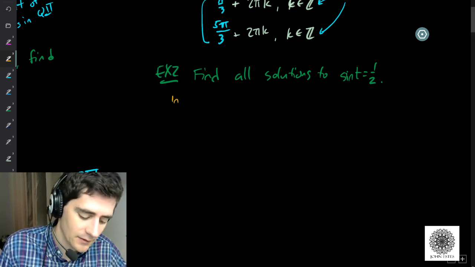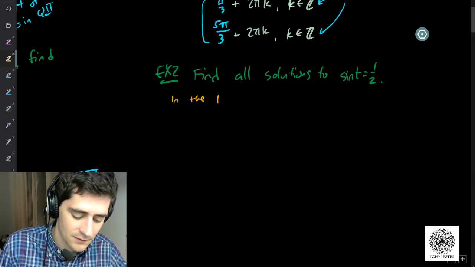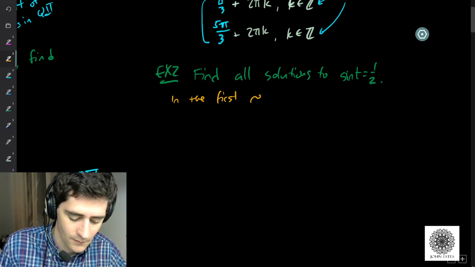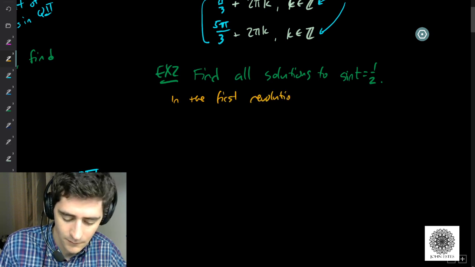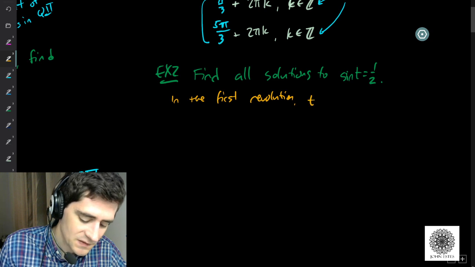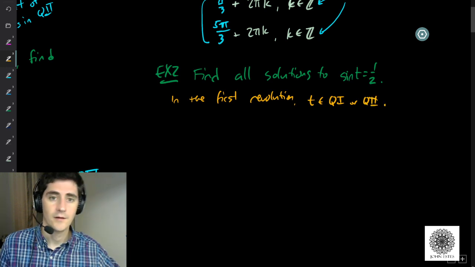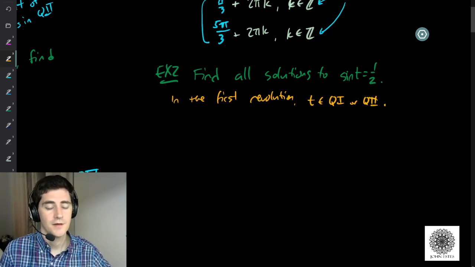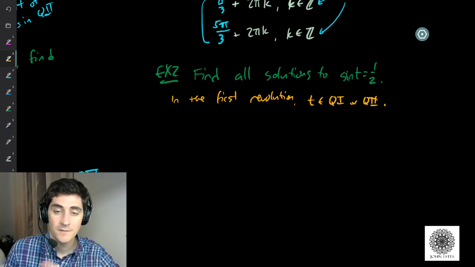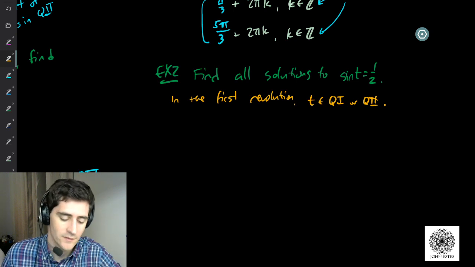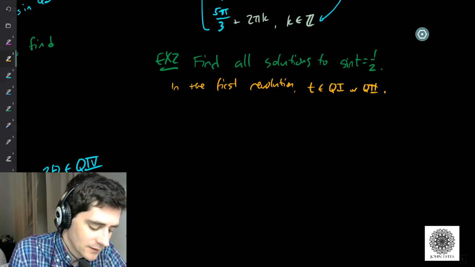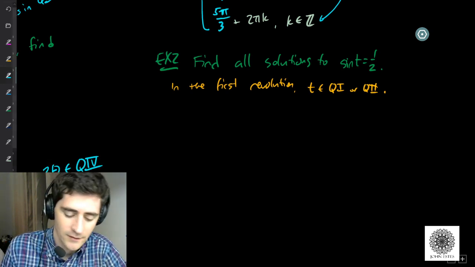So in the first revolution, that angle t could be in quadrant 1 or quadrant 2, right? Sine is positive in the first and second quadrant. So in my first go around, I need a solution from the first quadrant and a solution from the second quadrant. From the first quadrant, I can just use sine inverse.